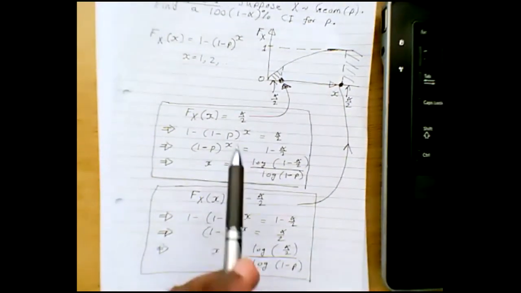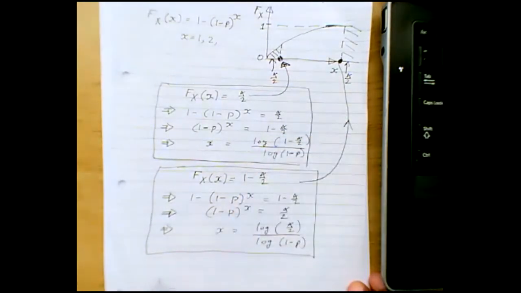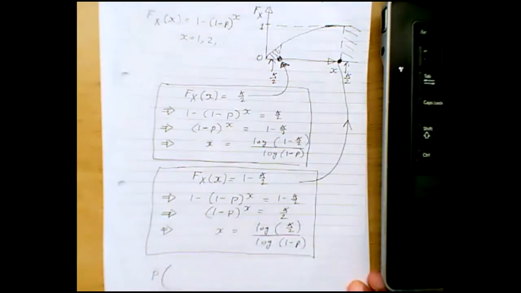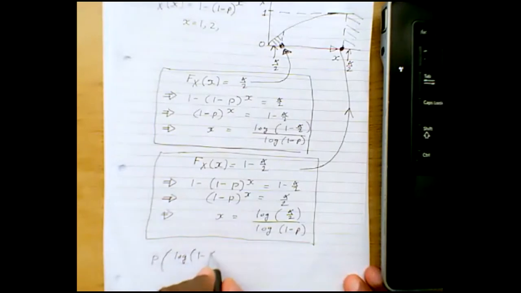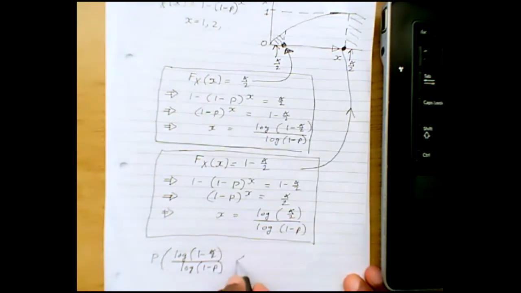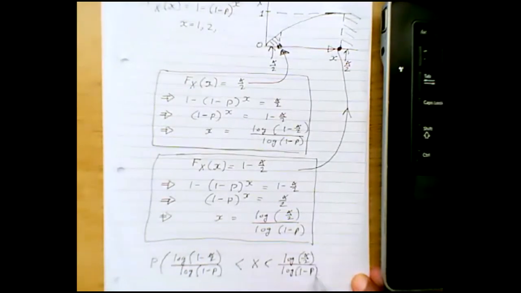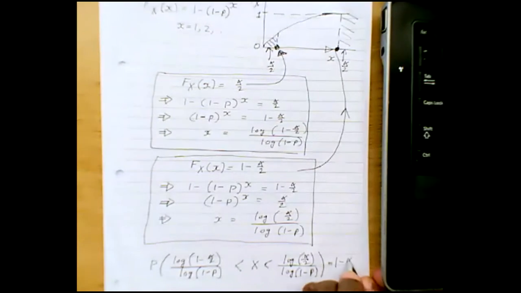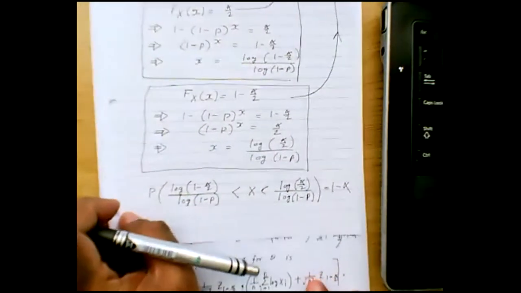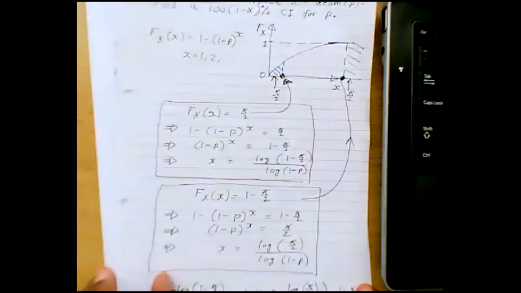All right, so now we figured out the coordinate of this point and this point. So what we can now say is that the area between the two, in other words, the probability that the random variable lies between these 2 points must be 1 minus alpha, right?